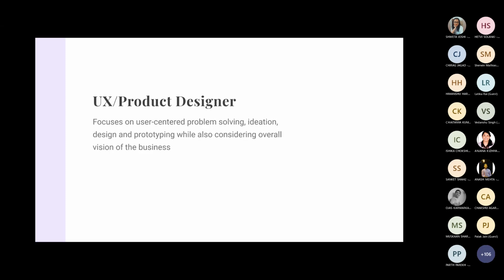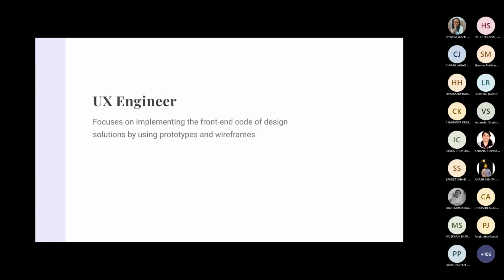Then there's UX engineer. So now let's say the UX designer has finalized these designs and there's good enough feedback from the user research or from whatever interviews they did. Now the engineer will use these designs. The designs are usually interactive prototypes. So they are clickable, but they don't have a backend.